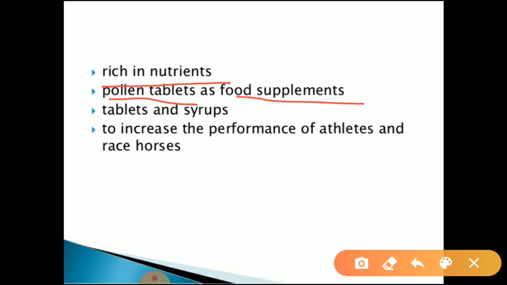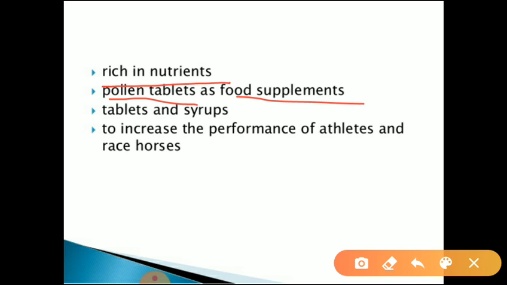Because of this nutritive value only we use pollen grains for making pollen tablets and pollen syrup. Okay, these tablets and syrup we can use in athletes and horses for increasing their performance. So these are the roles of pollen grains, tablets and syrup.